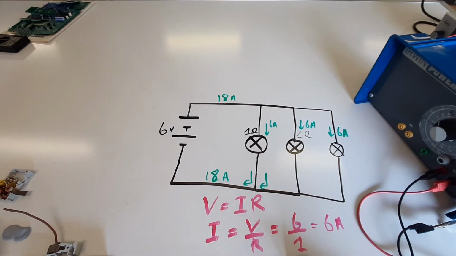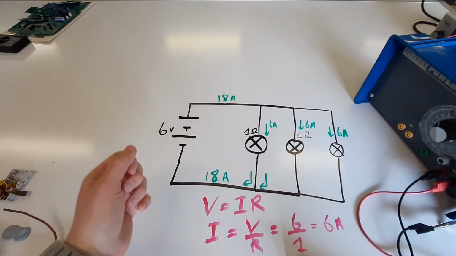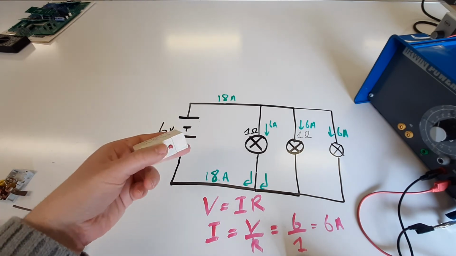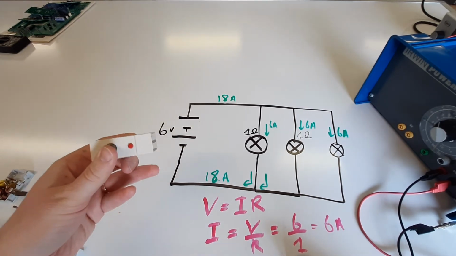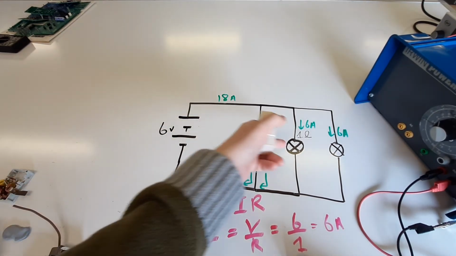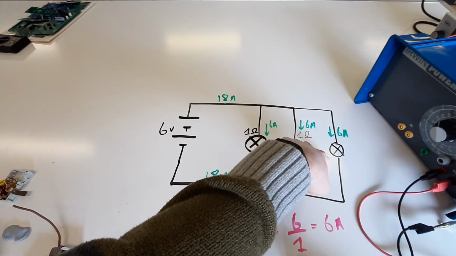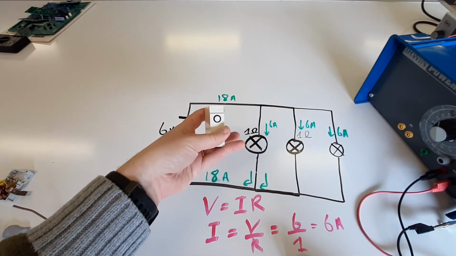Now, you've experienced this in your house when you've added too many appliances to a multi-plug, and you've turned them all on, and as soon as you turn them all on, the house goes black as you trip your circuit breakers, which I just happen to have around here. So basically, instead of plugging in light bulbs, you plug in a toaster, vacuum cleaner, fridge, freezer, all those kind of things.